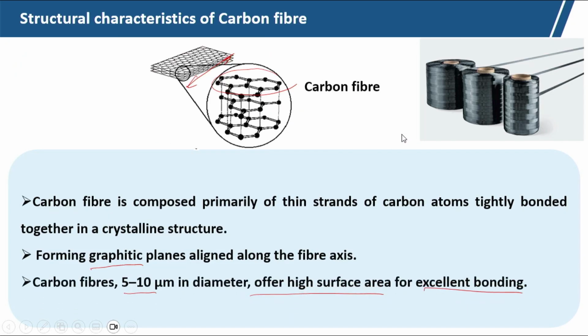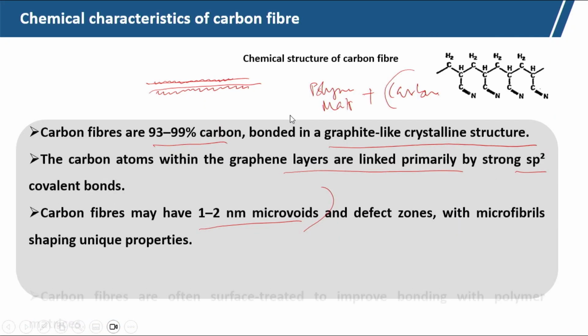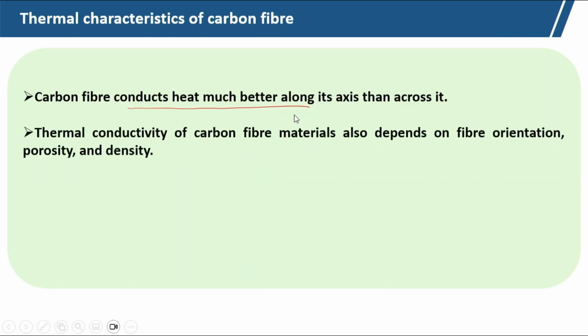These crystalline structures, the graphite planes, are aligned along the axis. So the heat conductivity along the axis will be much better than across it. This is the fiber, and here the graphite planes are aligned along the axis.